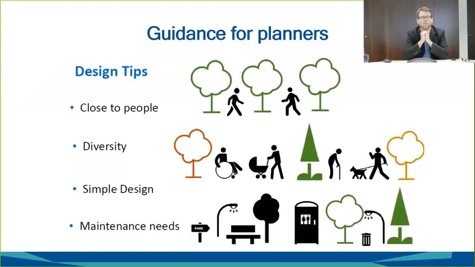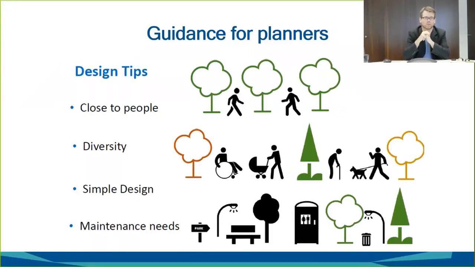There were, from some of the case studies, certain design tips on what works. For example, it is important, that's not much of a surprise, but it still is something that has been pointed out, to build the green space close to people. The moment you have a nice large green space, but it's 1.5 kilometers away, it's very unlikely to be frequented a lot by different people living 1 or 2 kilometers away.